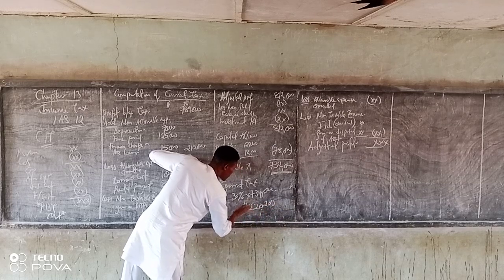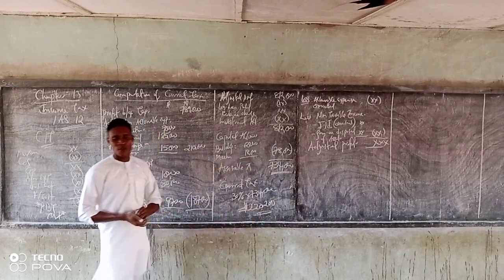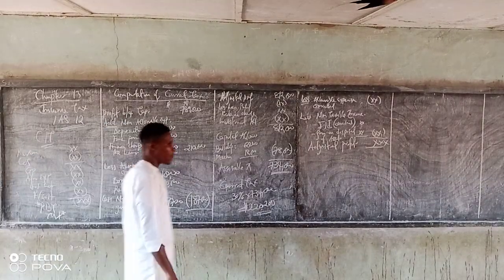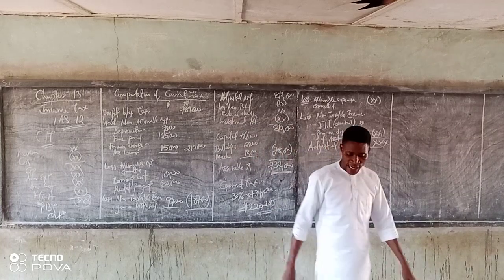That's our tax, current tax for the year. So that is the simple way of computing tax. So this is the tax that we charge to our account.